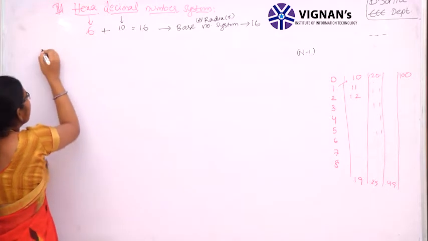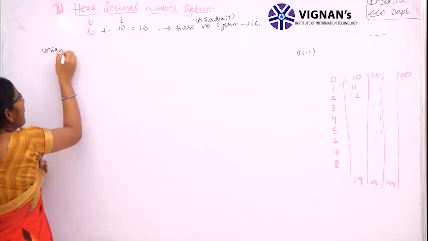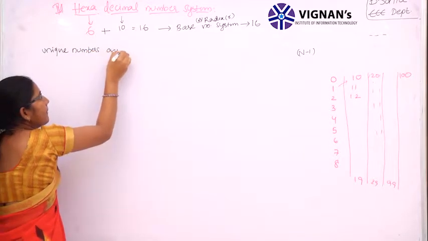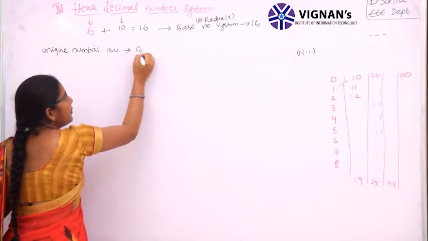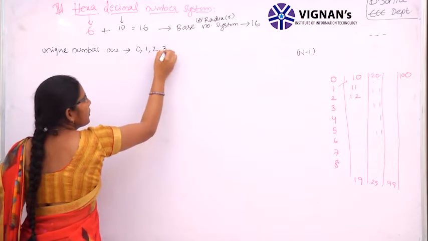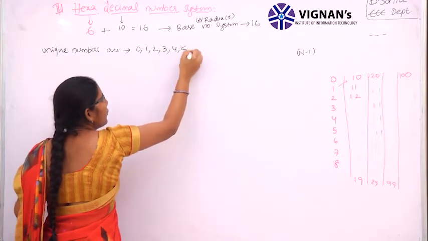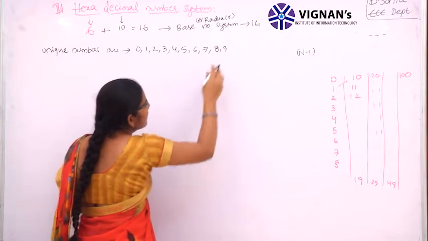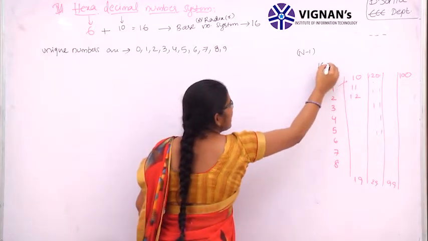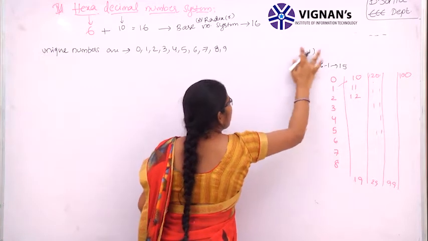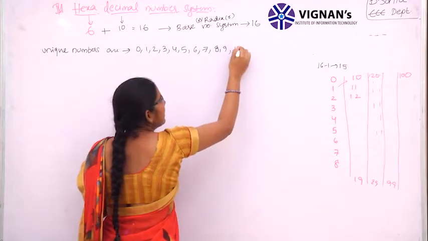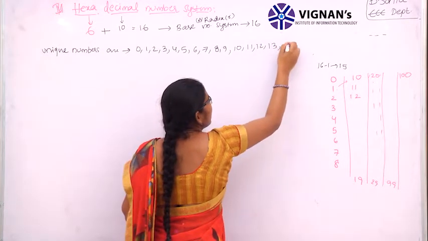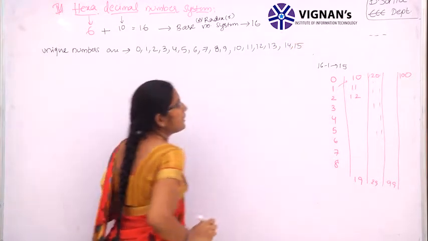So here the unique numbers are 0, 1, 2, 3, 4, 5, 6, 7, 8, 9. The maximum number is what? 16 minus 1, so 15. Okay. 9, 10, 11, 12, 13, 14, 15.